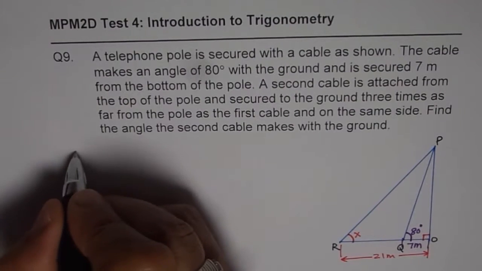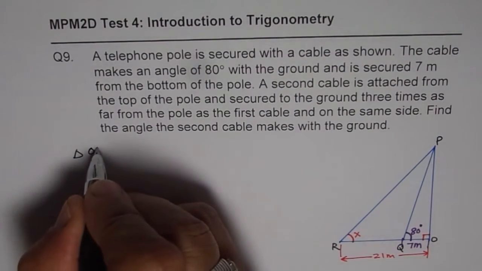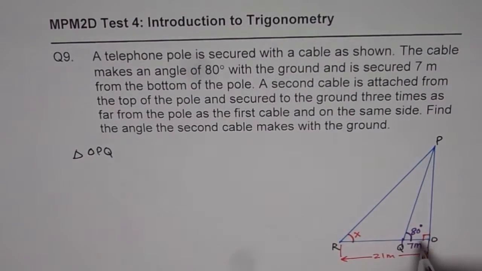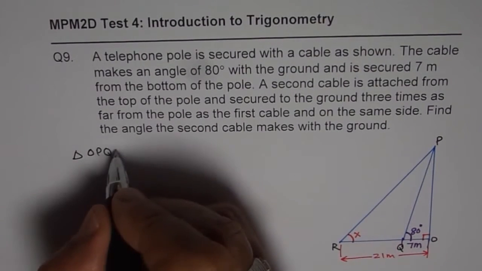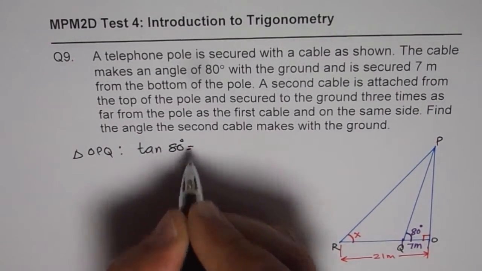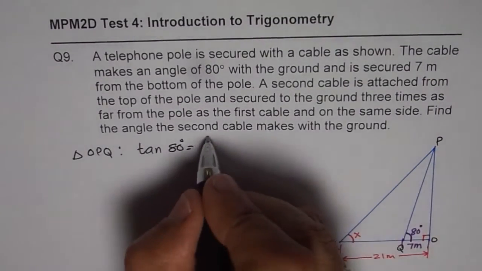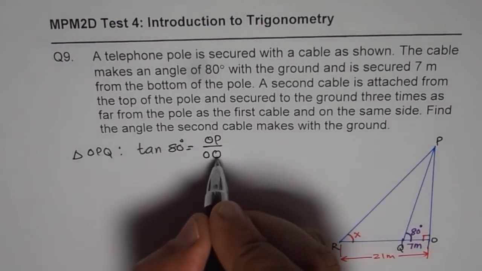If we consider the triangle PQO, let's say OPQ, in that triangle we know the angle, we need to find the opposite side, and we know the adjacent side, so we should use tan, correct? So tan of 80 degrees is equal to the opposite side OP over the adjacent side OQ.